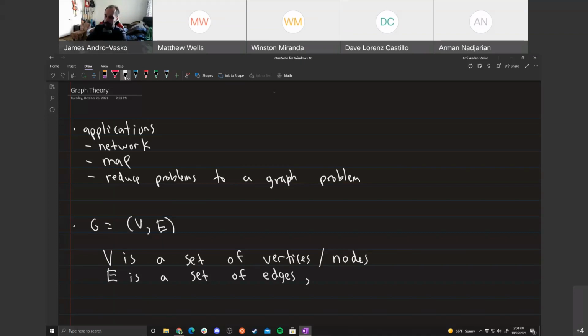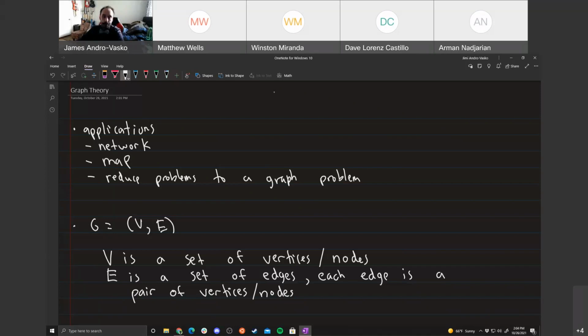Also, we can think of each edge as a pair of vertices slash nodes. I might use the word vertex or node interchangeably. They're the same idea. An edge is really just a connection between two vertices or two nodes, just like in a network, an edge is just a connection between two machines, essentially. So that's how we can think of our graph.